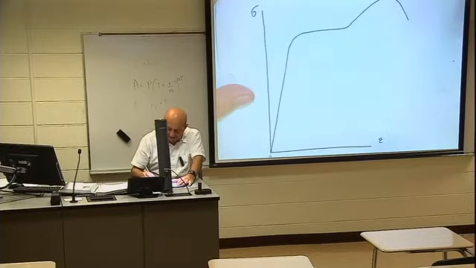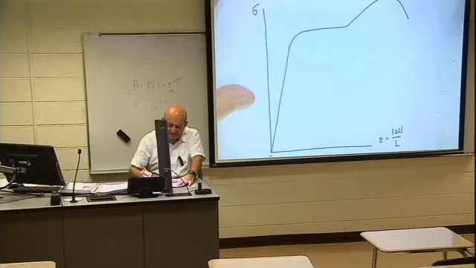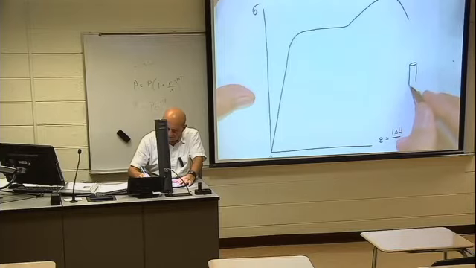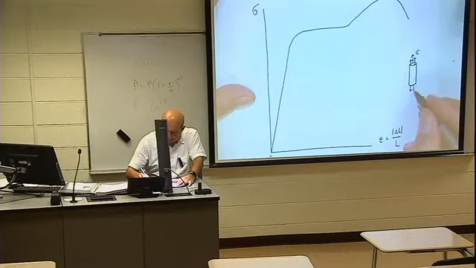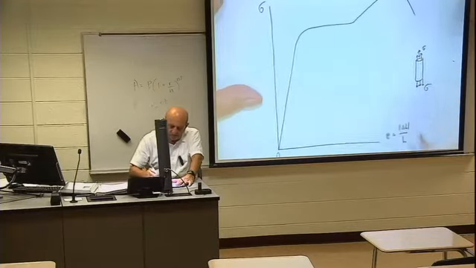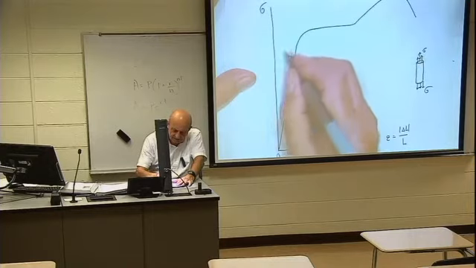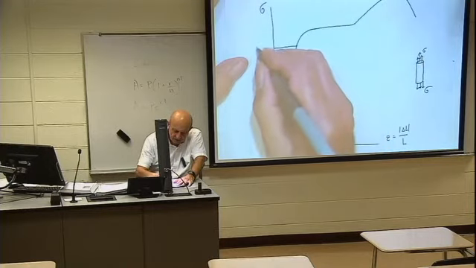Okay, so epsilon is delta L divided by original length of the specimen, which is subjected to some load or stress. Okay, until here, this is proportionality limit.